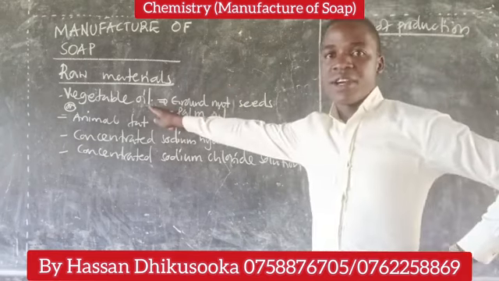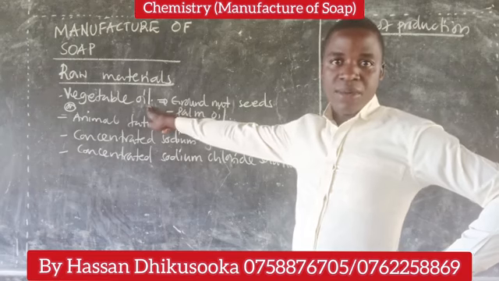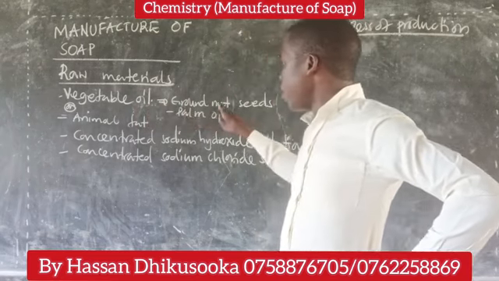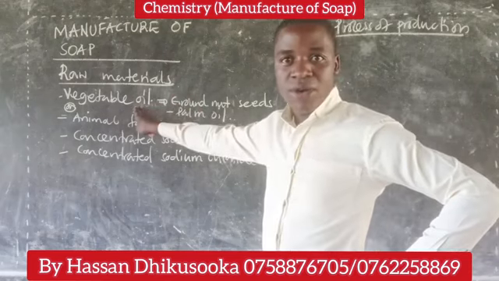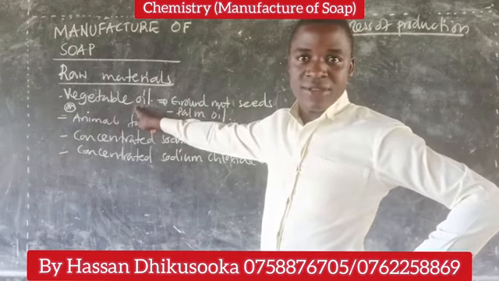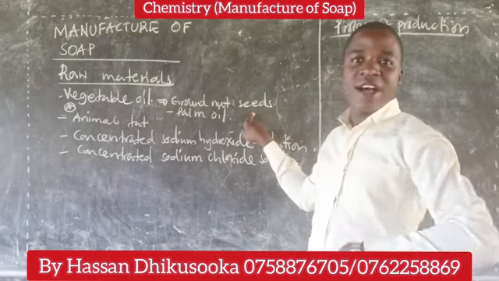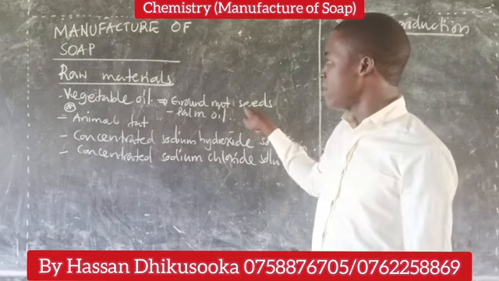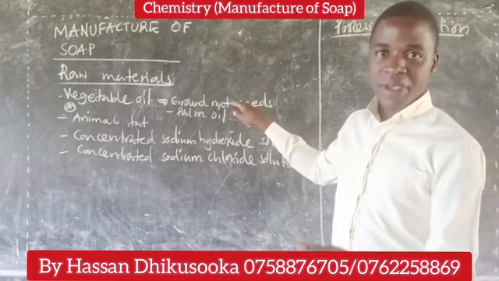We begin with our vegetable oil. Now, what are we going to do? If you have groundnut seeds, you have to tell someone how you are going to get the vegetable oil from the groundnuts. For example, I told you that you roast the groundnut seeds, then grind them to obtain a paste.